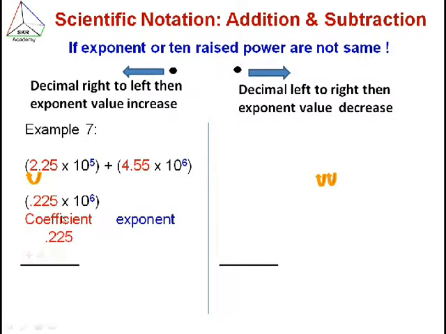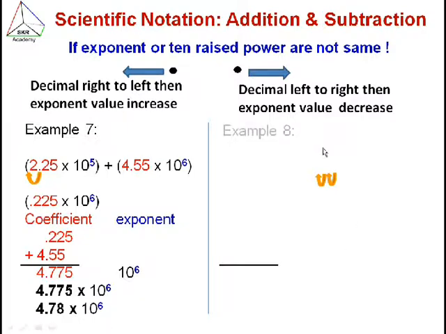We just add the coefficients together: 0.225 plus 4.55. The answer will be 4.775. Since the power of 10 is the same, we write it as such in the answer. So the final answer is 4.775 times 10 to the power 6, and if we use the significant figure and rounding rule, we can write 4.78 times 10 to the power 6.